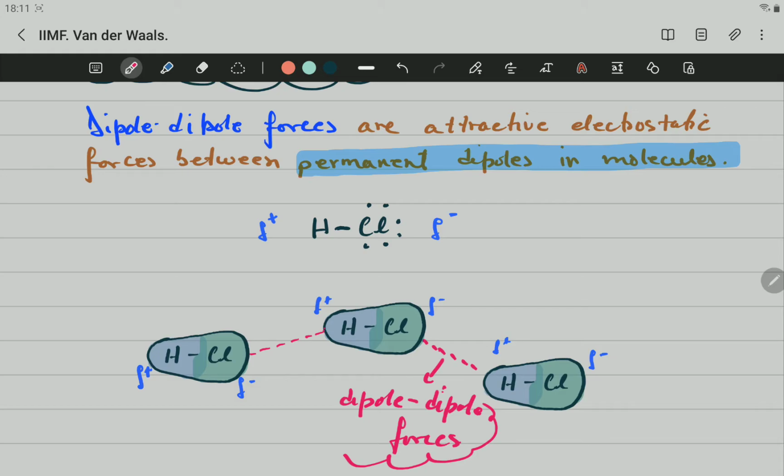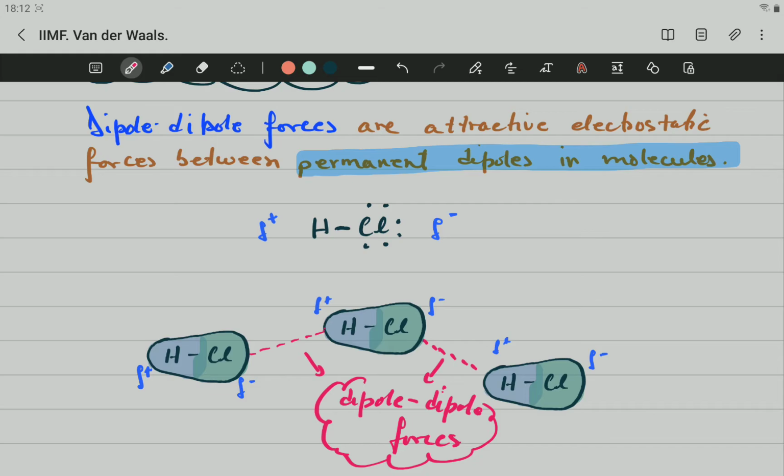That is the intermolecular force. It's between the positive side of one molecule and the negative side of the other molecule. That is why it's called electrostatic attraction between those two different molecules. So this is how the dipole forces appear, and I hope it's clear.